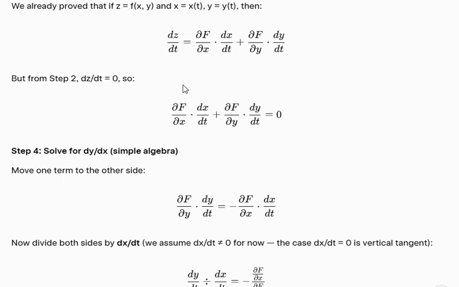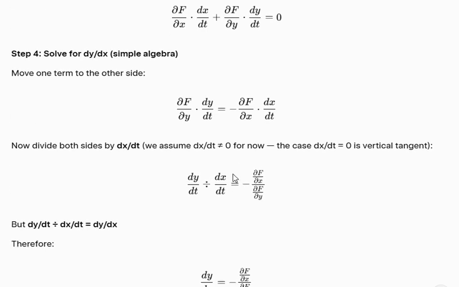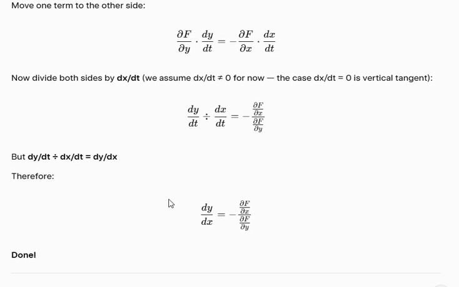Then this becomes df by dx like this, and df by dy into dy by dt like this, and finally you can get the final result. That's all.